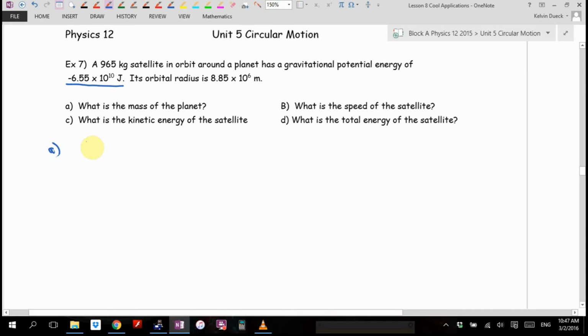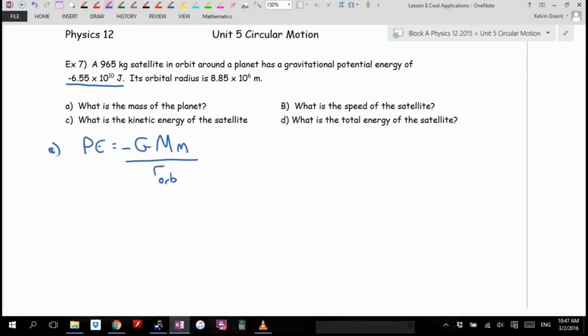I know that gravitational potential energy is negative big G, big M, little m over R, which in this case is R orbit, because I think that's what they gave me the energy at. What did you say they wanted me to find? Big M.